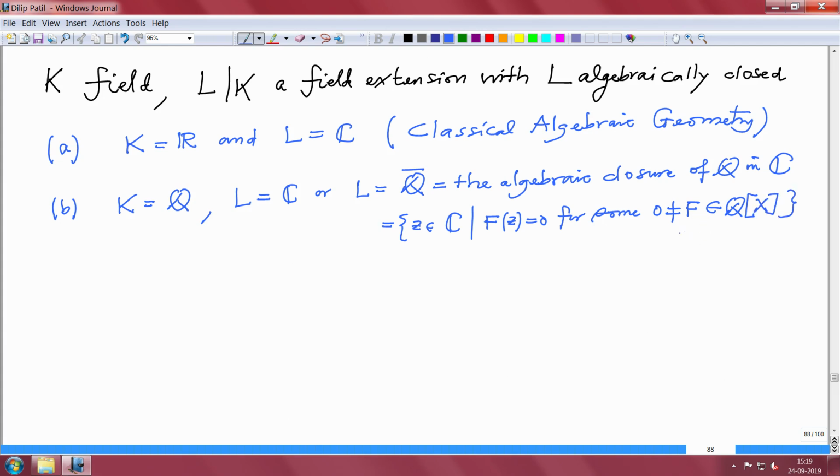This is also known as the field of algebraic numbers.